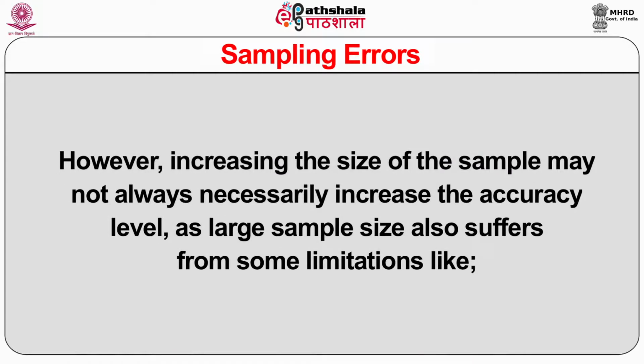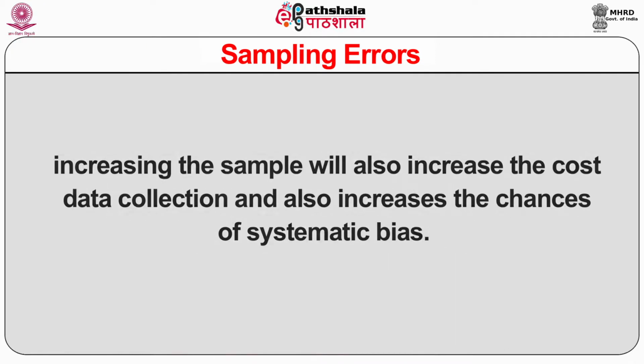However, increasing the size of the sample may not always necessarily increase the accuracy level, as a large sample size also suffers from some limitations, like increasing the sample will also increase the cost of data collection and also increases the chances of systematic bias. Thus, the better solution to increase the accuracy is found in the selection of a better sampling design only, so that it produces relatively lesser chance of sampling error for a given sample size at a given cost.